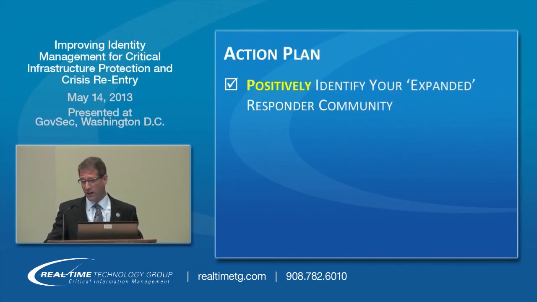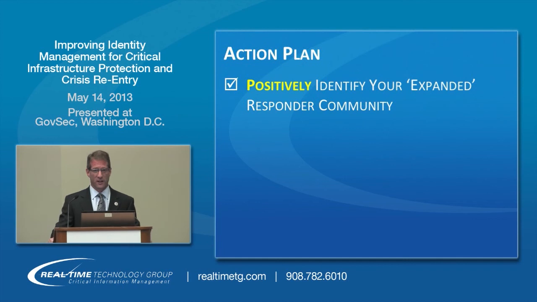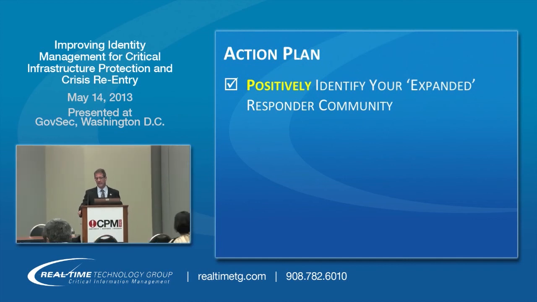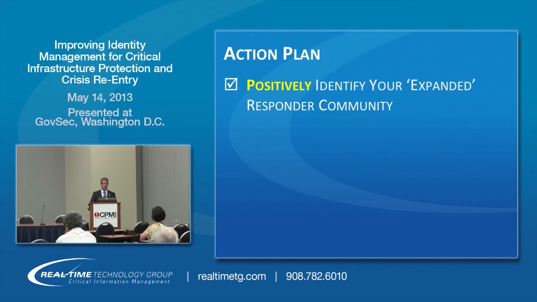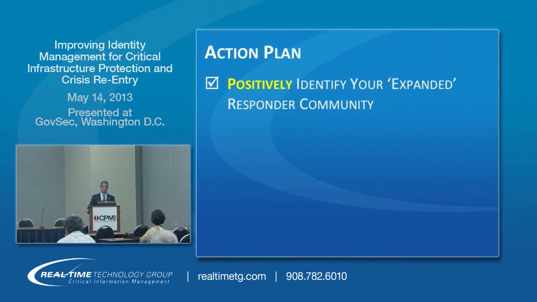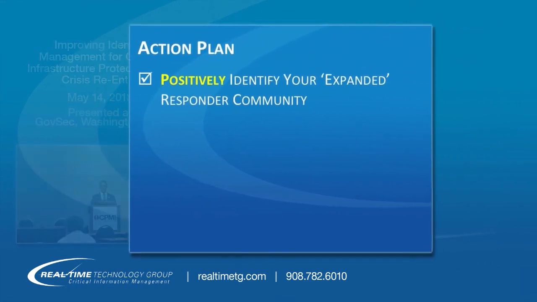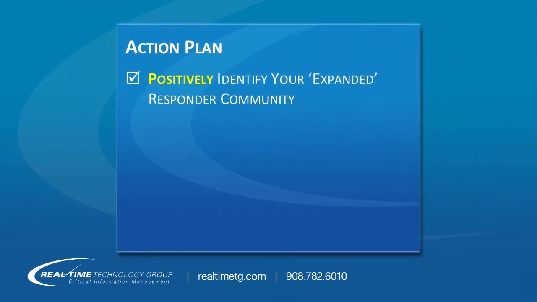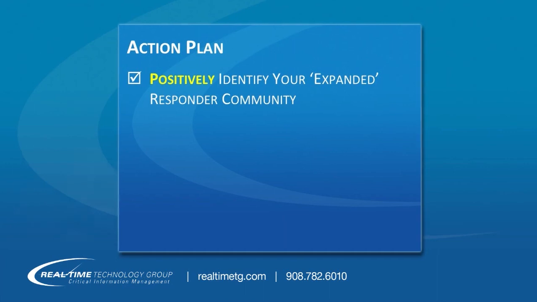Positively identify your communities. If you're not in law enforcement and dealing with responders to an incident, you're dealing with people that maintain and support your facilities, that build them, that maintain them, that serve food at them, that clean them at night. Anybody in corporate security knows that the fastest way to get into your facility is to buy your cleaning company.